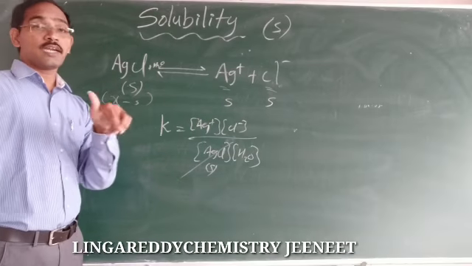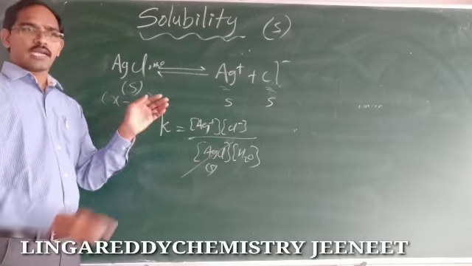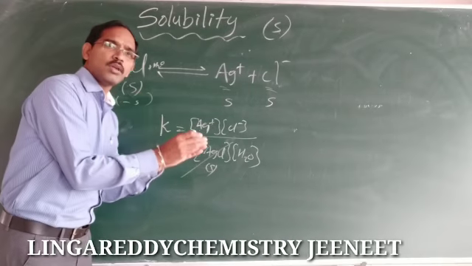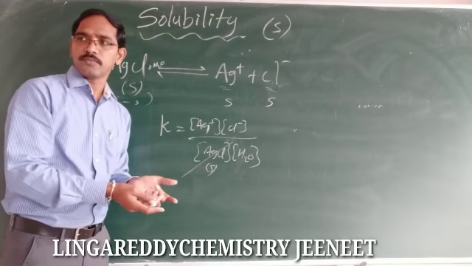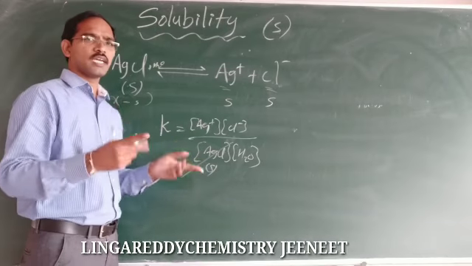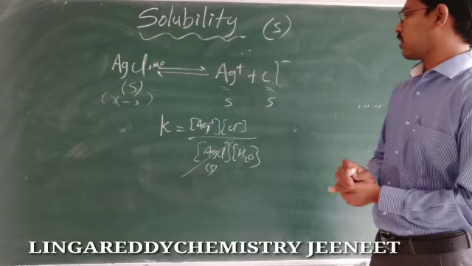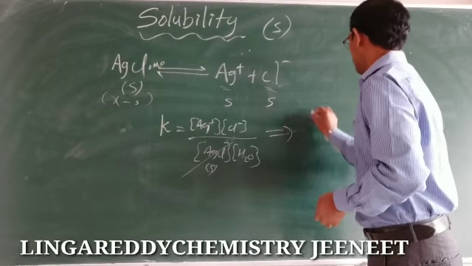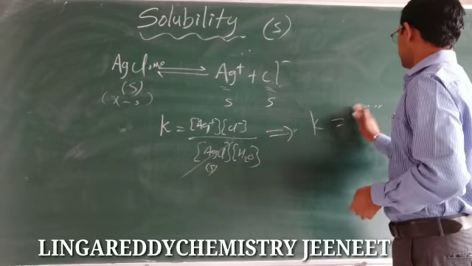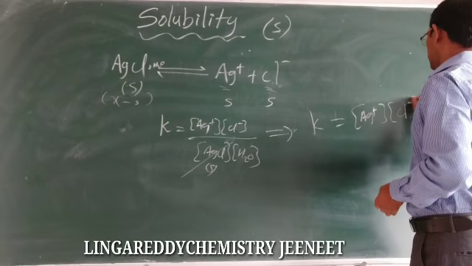In salt hydrolysis we took H2O, giving the hydrolysis constant, since a considerable amount of water is consumed, but here it is very little. So we take H2O as unity. In the salt case the formula becomes K equals Ag plus into Cl minus.